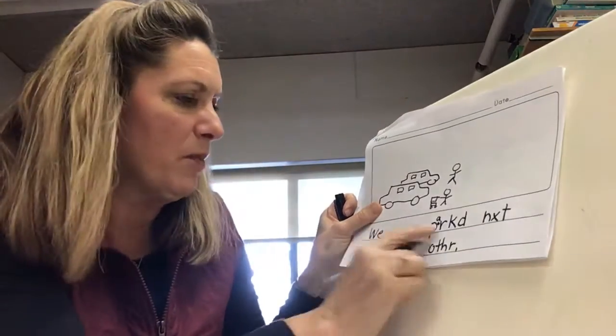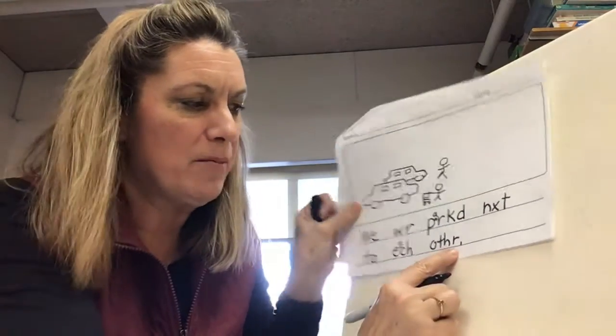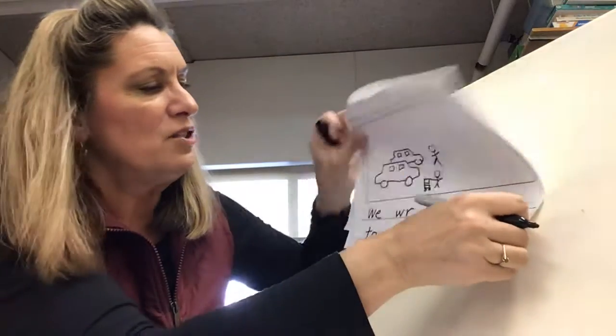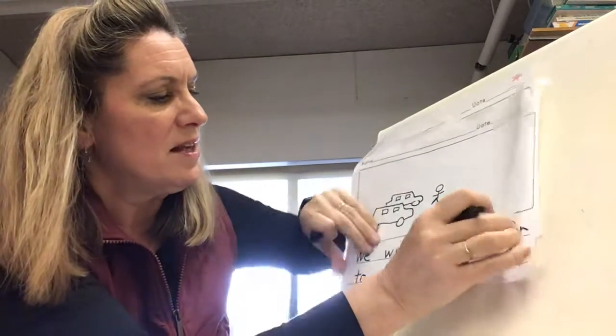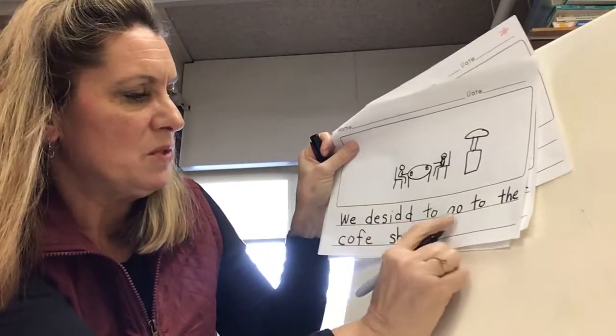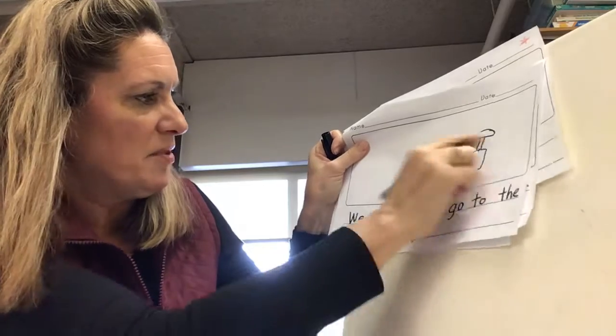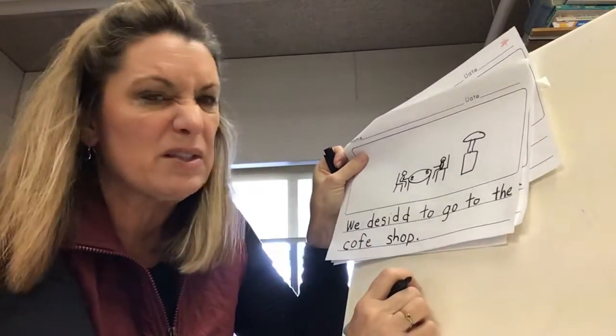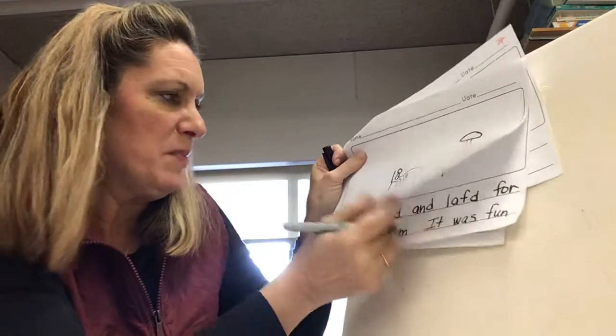We were parked next to each other, and I'm checking to make sure I also end my sentences in a period. So I do need to go back, and I'll add some faces and things there. But I'm going to check my writing here. We decided to go to the coffee shop, so there we are. And I could probably add my hat because I was wearing a hat. We were outside. And I have my period.